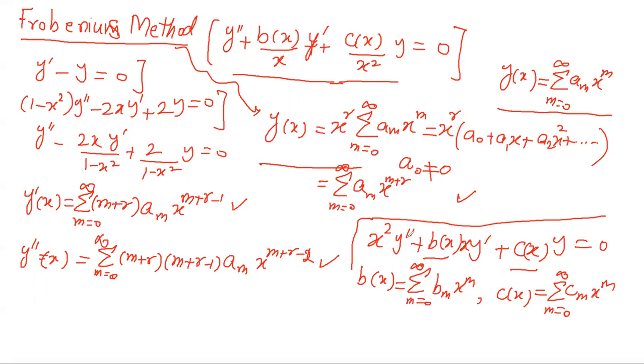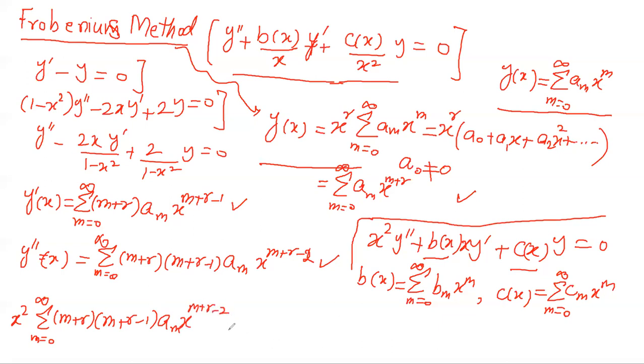So now in this equation we will input the values. So x square, and then the value of y double prime: the sum from m equals 0 to infinity of (m plus r)(m plus r minus 1) a_m x to the power m plus r minus 2.